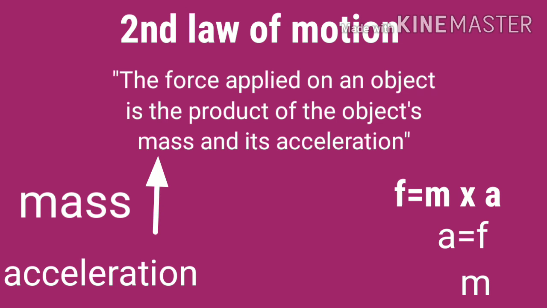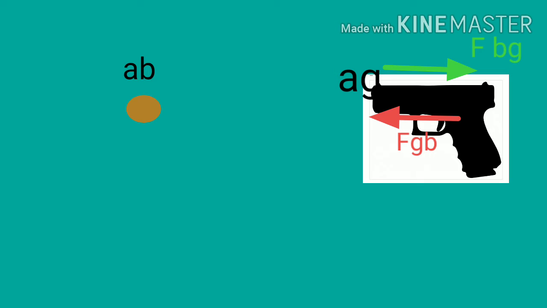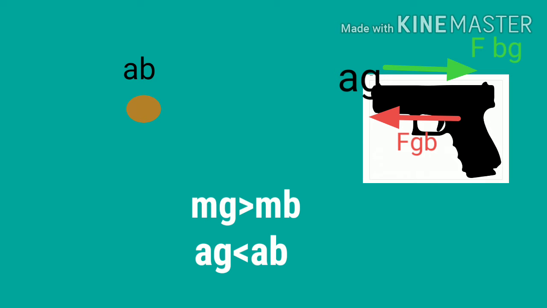What does this tell us? Yes, if the mass is more, then the acceleration will be less. In this example, the mass of the gun is much more than that of the bullet, hence the acceleration of the rifle is less than that of the bullet.